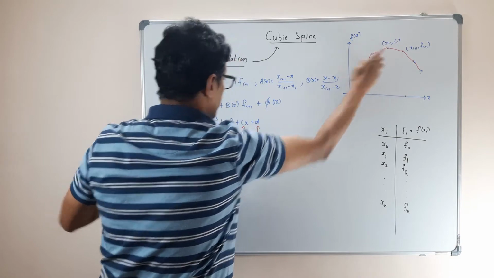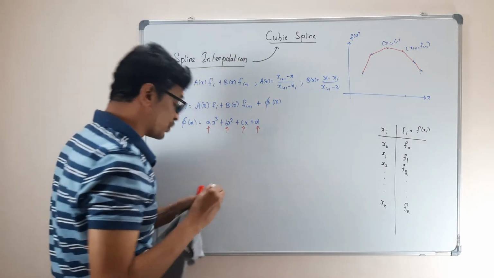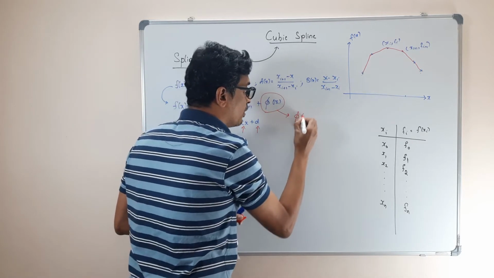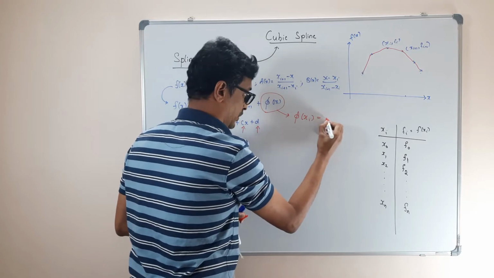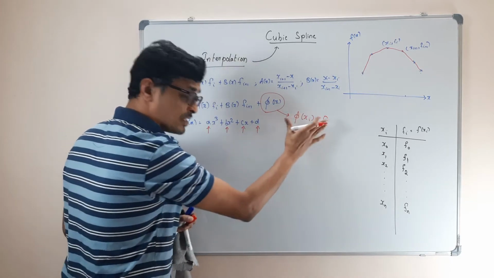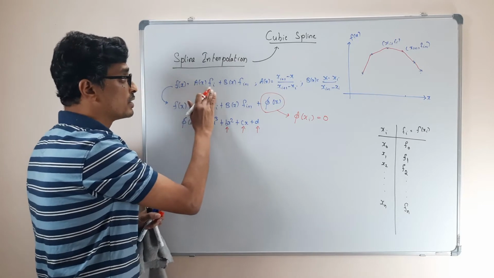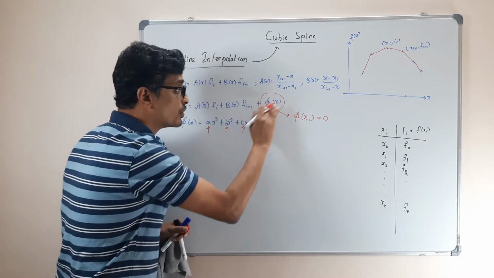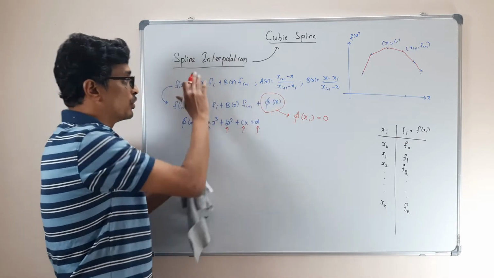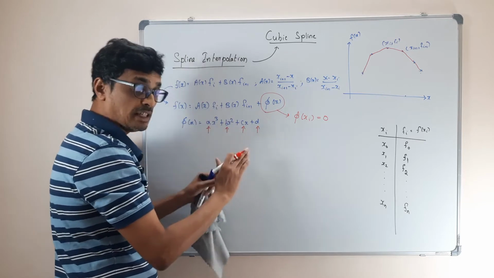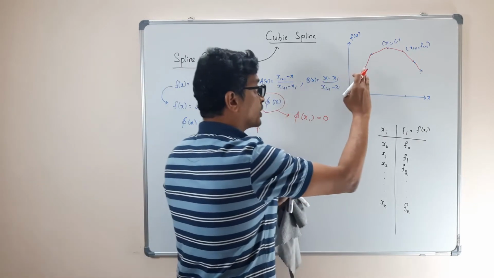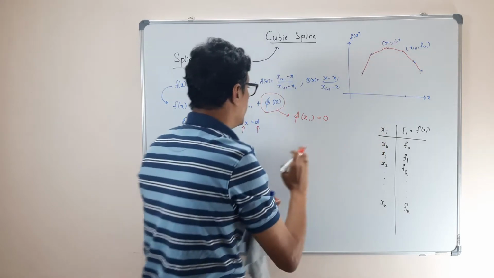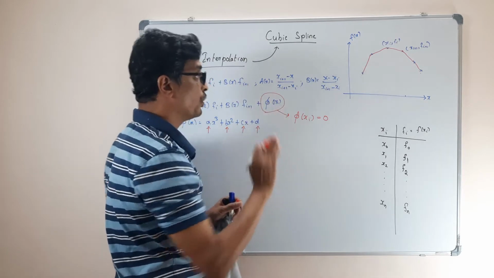So at the abscissas, this value should go to 0: phi of xi should equal 0. If it is not 0, then at x equal to xi we are not going to get fi; rather, some combination of this term will also come up. Since the spline function should pass through the points, the requirement is that this function should go to 0 at the abscissa.